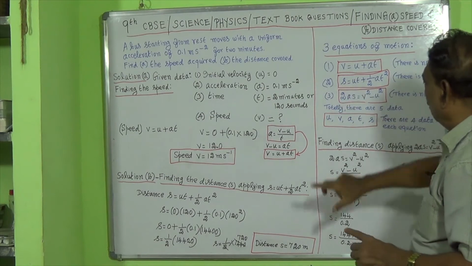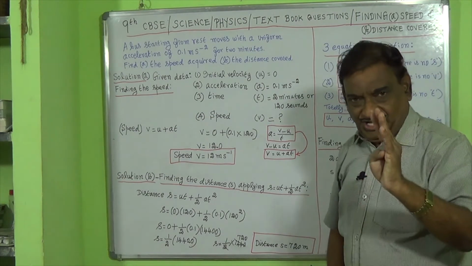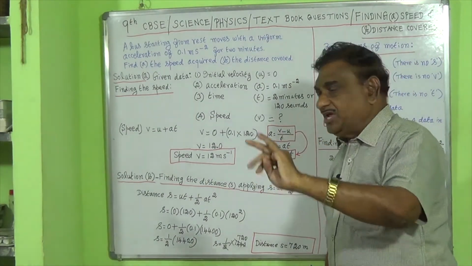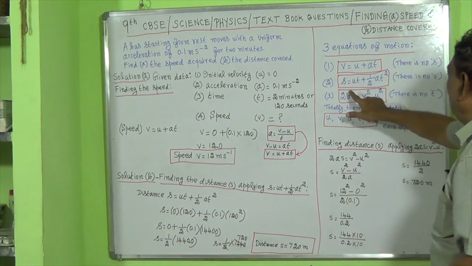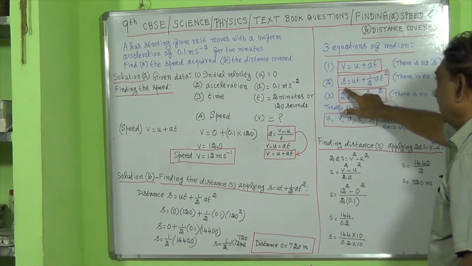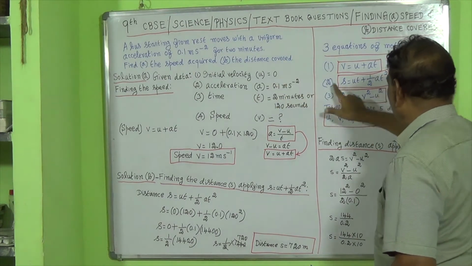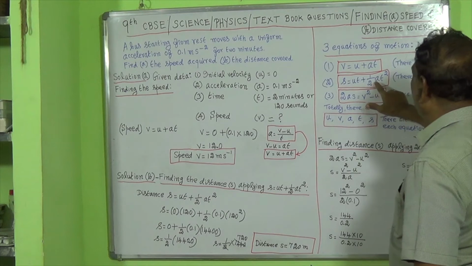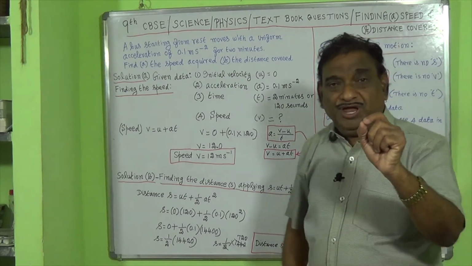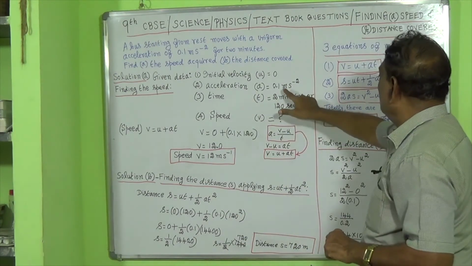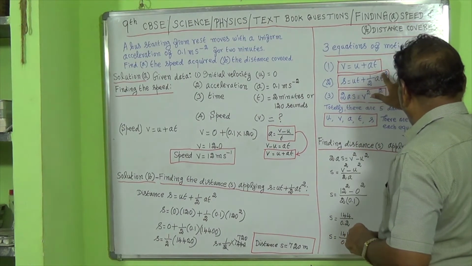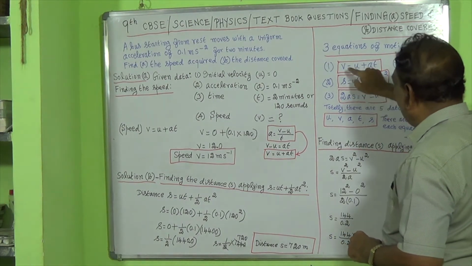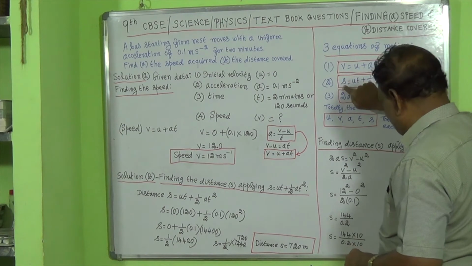So if we know U, T and A, we can find the distance covered. That is S. The U is 0, the T is 120 seconds, the acceleration is 0.1 meter per second square. So if we substitute all these 3 data, we can find the distance S.